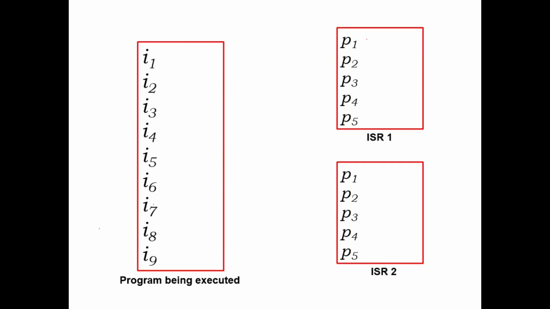Now the question is, whenever an interrupt occurs, the processor stops the current program under execution and executes a specific subroutine. What is that specific subroutine? First question is whether for every interrupt the processor goes to the same subroutine and executes. No. For every different type of interrupt, the processor executes a particular subroutine. What is every type of interrupt?